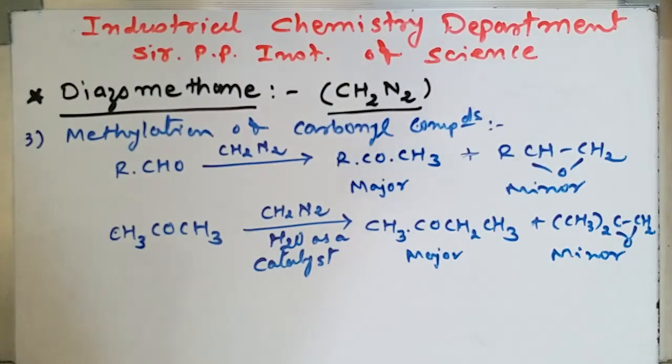So methylation of carbonyl compounds, aldehyde and ketone, gives a mixture of ketone and ethylene oxide. These are the applications or uses of diazomethane.